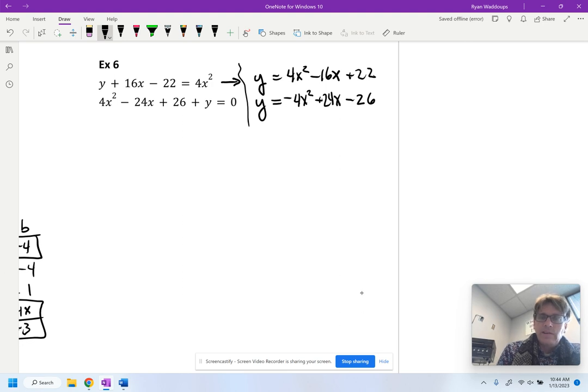And now I notice that the 4x squared and the minus 4x squared are opposites of each other, so I can just add them. Add the one equation to the other. So y plus y is 2y is equal to, and then these just cancel each other out. 24x and minus 16x add to give us a positive 8x.